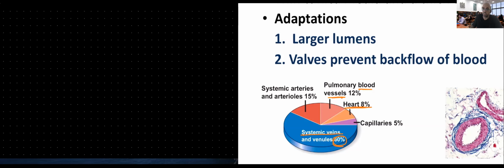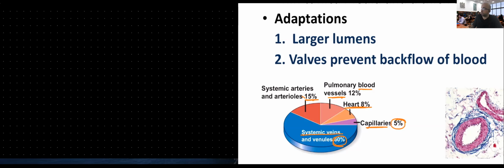The heart itself in its chambers is going to be holding 8% of the blood volume. Arteries will be holding only 15% of the blood volume, and the capillaries will be holding just 5%.